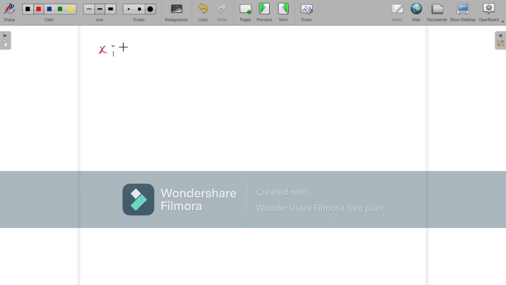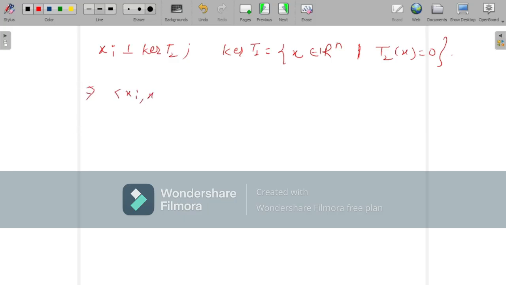See, the kernel of T2 is the set of all those x belonging to R to the power n such that T2 of x is the zero vector. Since these xi are orthogonal to the kernel of T2, this implies that the inner product of xi with x is 0 for every x belonging to the kernel of T2.